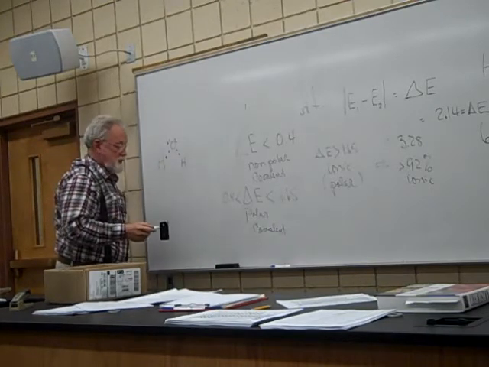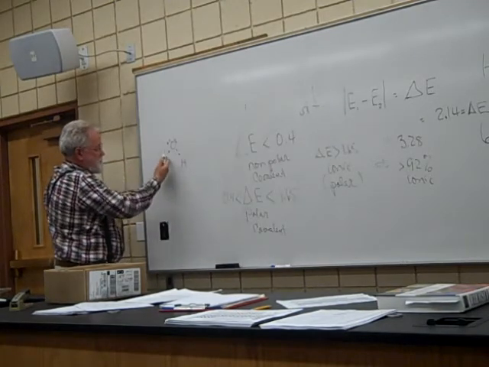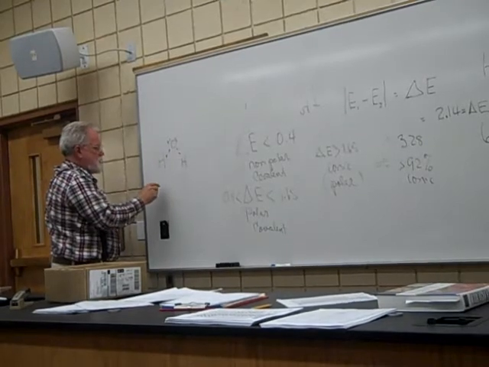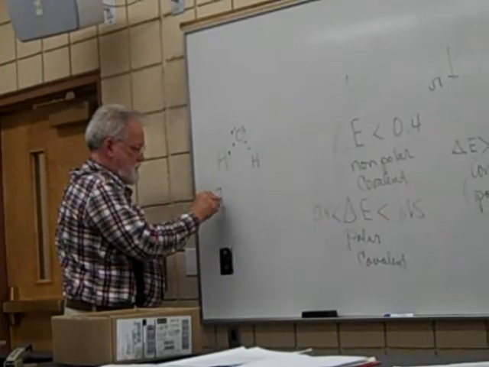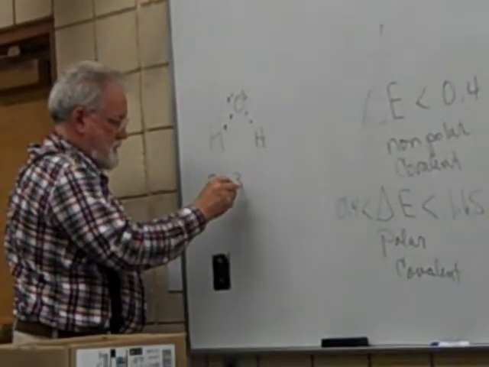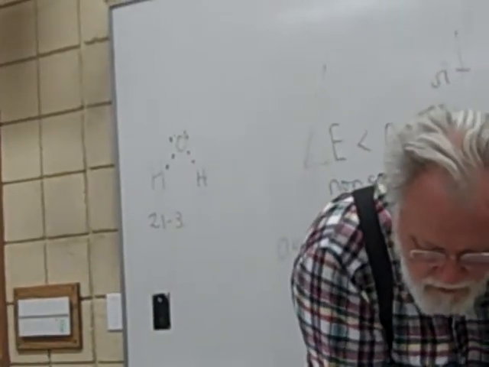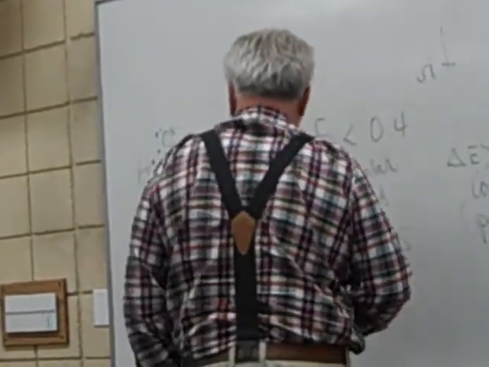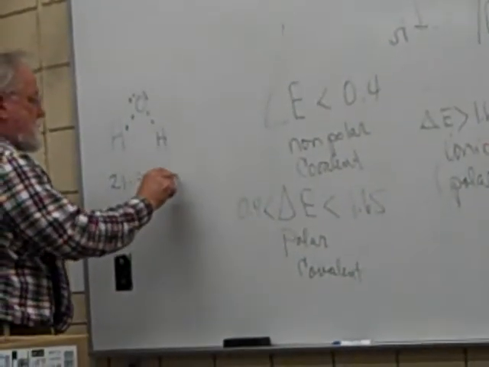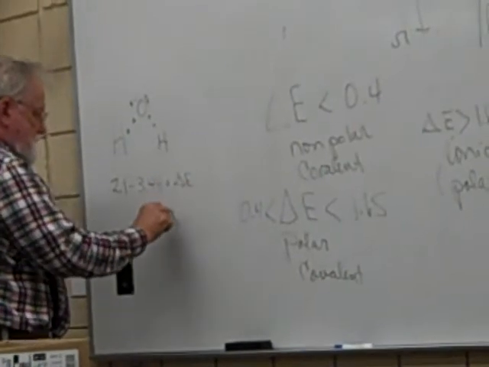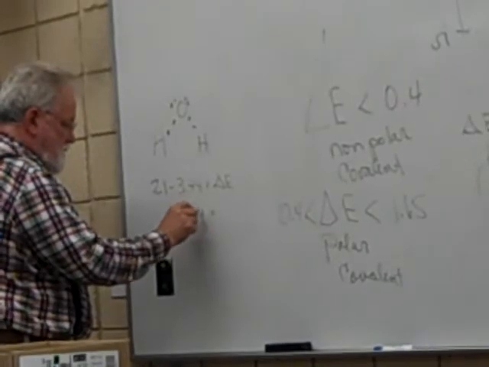And if we do the electronegativity calculation for one of these OH bonds, we'll have 2.1 for hydrogen and 3.44 for oxygen, and so delta E is going to be 1.34.